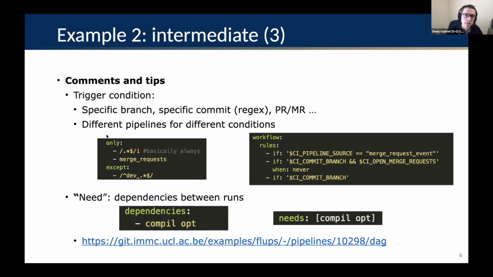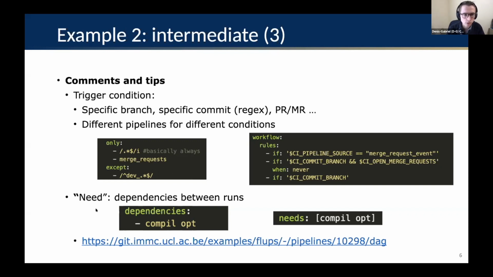But for any commit on a merge request, this will be triggered twice. So basically, I'm going to run the same pipeline twice on the same code, which is obviously something I don't want to do. You can actually refine how you define those rules by using the rules statement. But that's more like a detail.